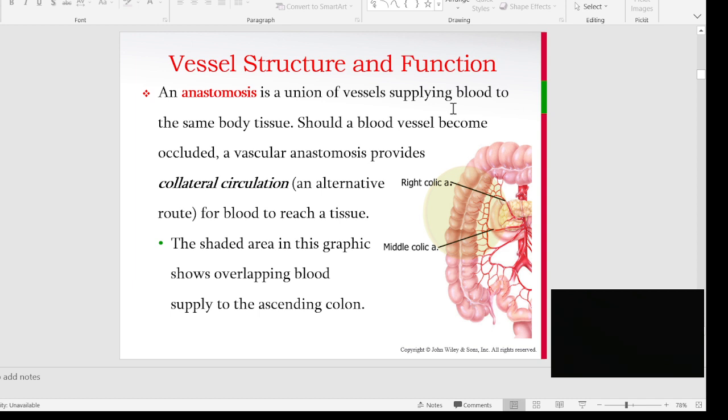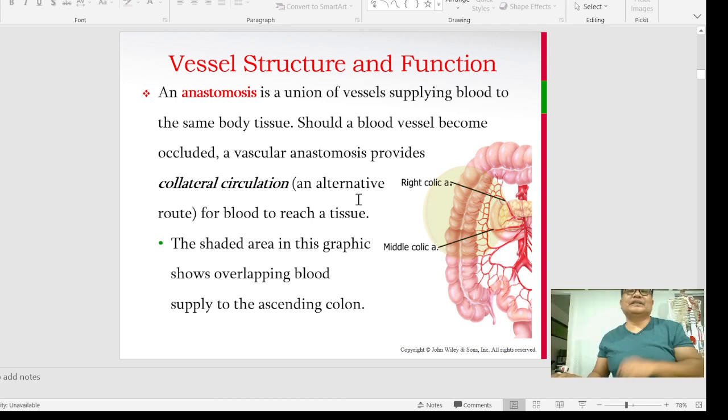Actually it is a union of your arteries so that the tissue is supplied. The purpose of anastomosis is to provide an alternative route for the blood in case a part of your blood vessel becomes blocked, for example in arteriosclerosis or atherosclerosis, so the blood can still reach the area where it is needed.